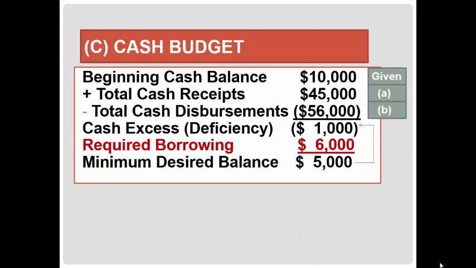So whenever you figure out how much to borrow, always be sure you consider the minimum desired balance. And that'll be dictated by management policy. So you can see from what we've done so far, you have to prepare a cash receipts and a cash disbursements schedule before you can do a cash budget.